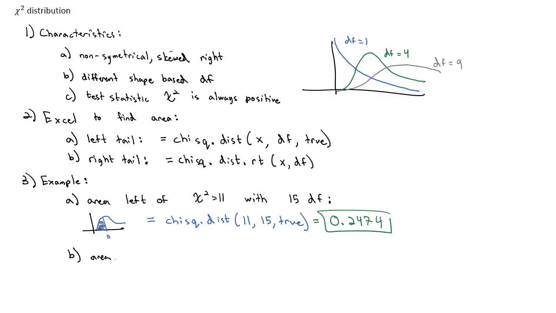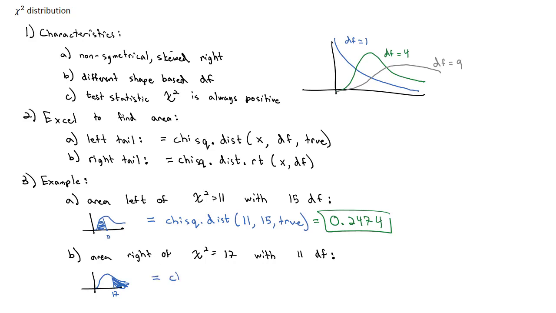Let's do an example where we're in the right tail. Let's find the area right of chi-squared equals 17 with 11 degrees of freedom. Graphically, then, what we're looking at is some type of chi-squared, but this time we're going to go from the value 17 and off to the right.